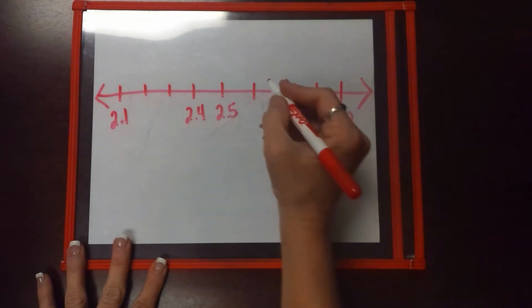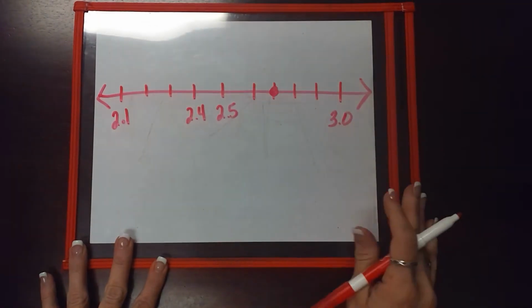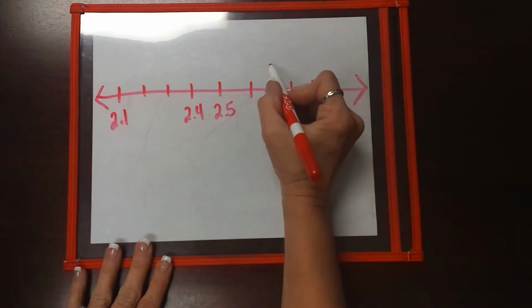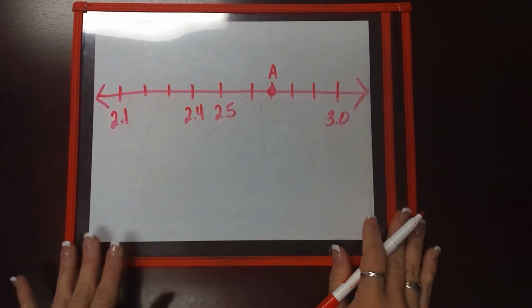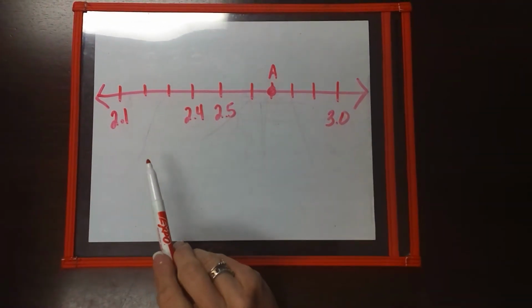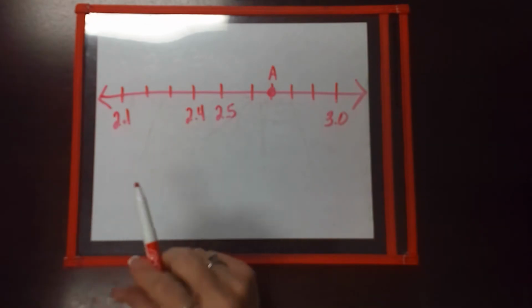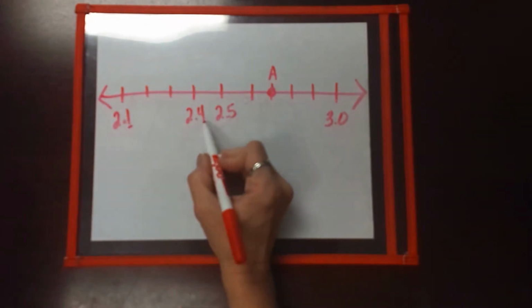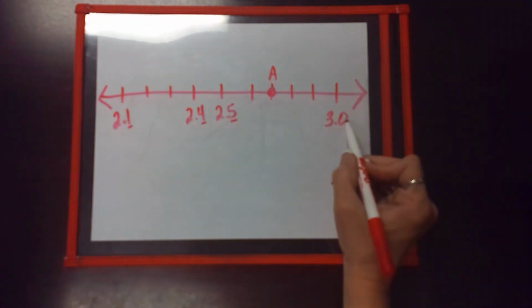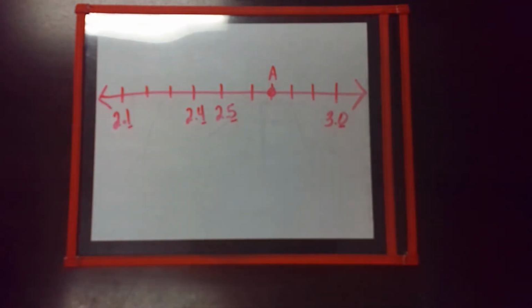Okay, so let's pretend this is our number line, and I want to know this point here. We'll just label it A. So I need to decide whether this is a 100th number line or a 10th number line. Well, when I look at the decimal behind my whole number, it is all in tenths.